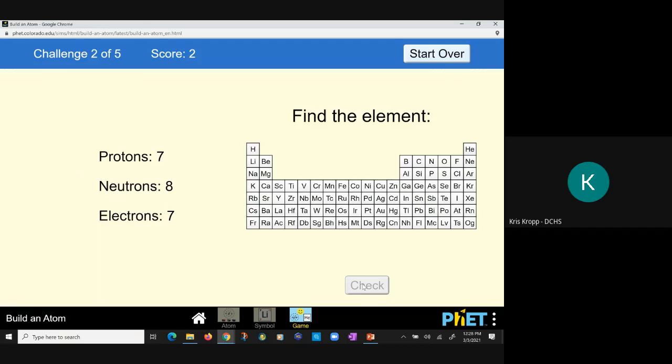All right, here's the next question. We got that one right. Did you guys see the smiley face there? I need to figure out what element this is. 7 protons, 8 neutrons, 7 electrons. What element is this?